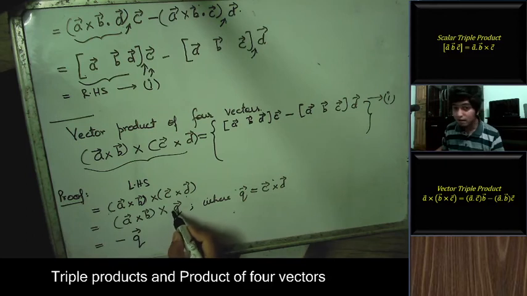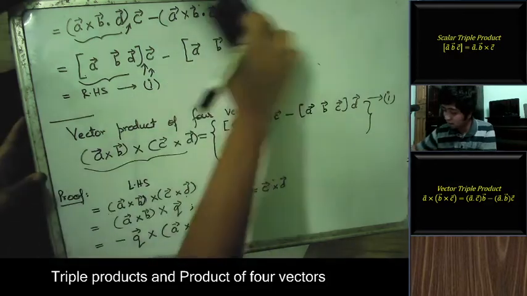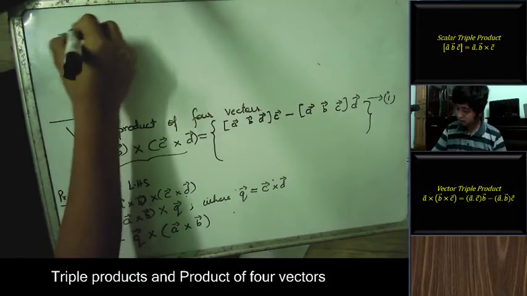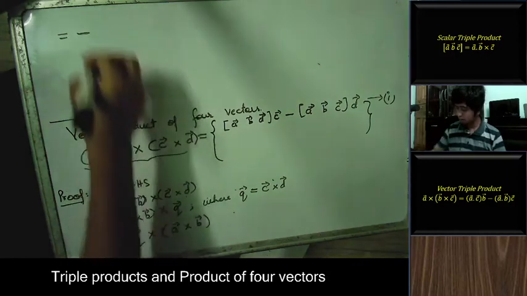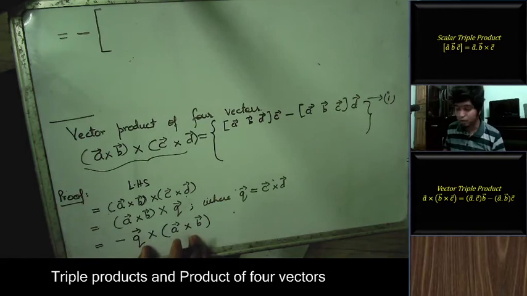So again, write Q to the front. We will be having something like this. So now the single vector is in front, minus. Okay, so now we can use the vector triple product formula for this one.